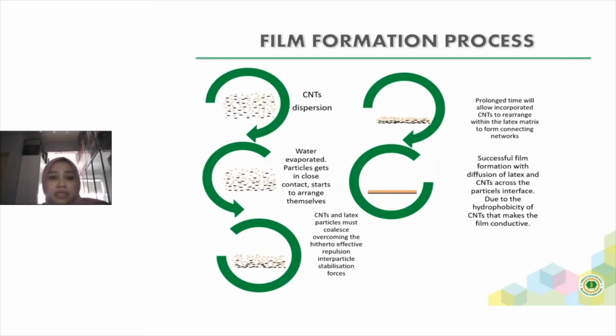Okay, so you can see there the carbon nanotube dispersion. Then during the film formation process, the water will evaporate and the particles will get in close contact and start to arrange themselves. After that, the carbon nanotubes and the latex particles must coalesce in order to overcome the heteroeffective repulsion interparticle stabilization forces.